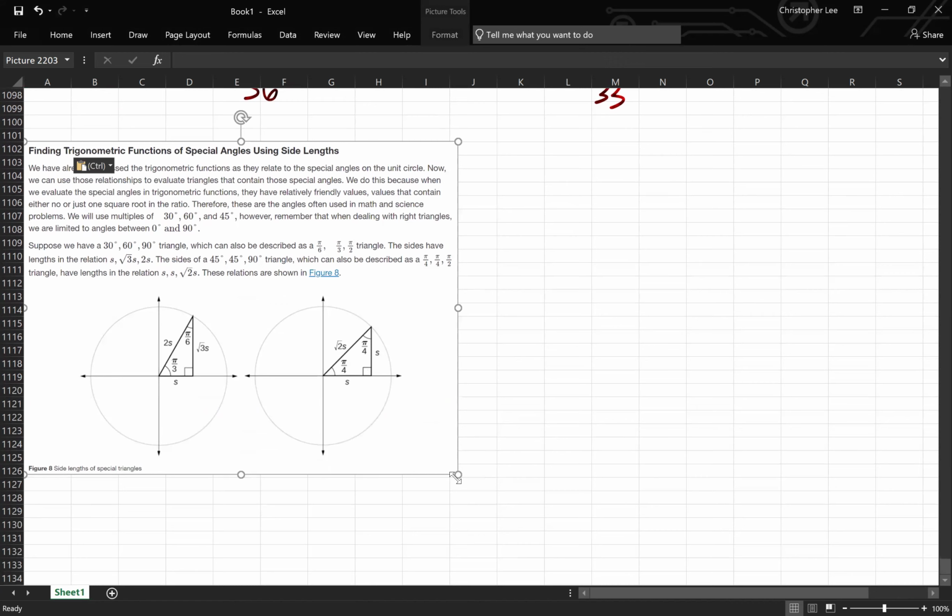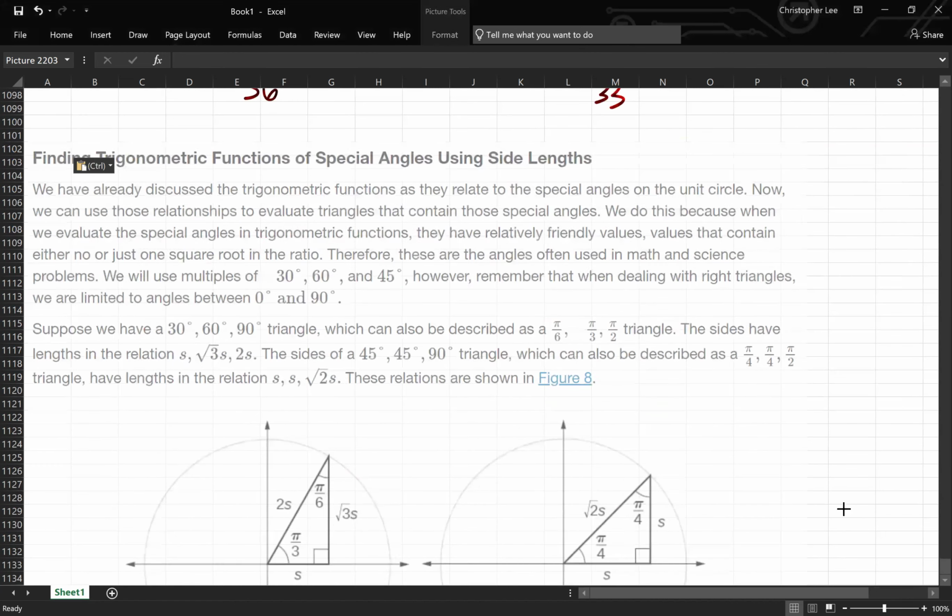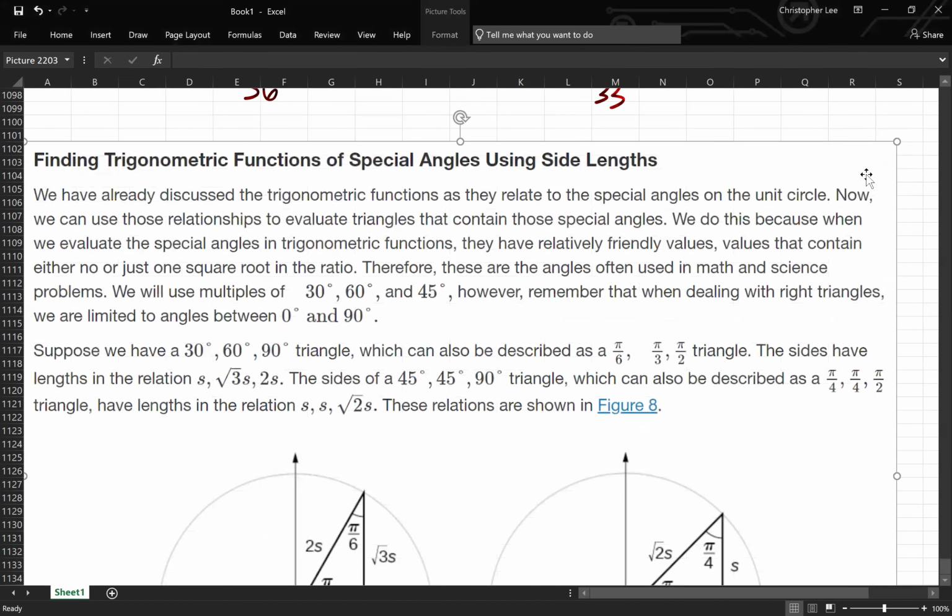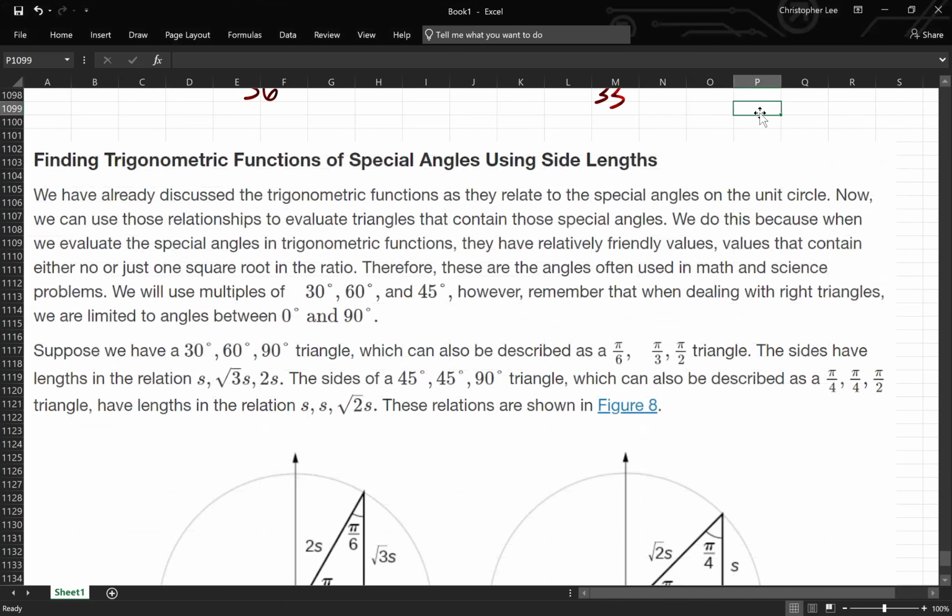So now, a little bit of a flip, right? We're going to be finding trigonometric functions of special angles using the side lengths. We have already discussed the trigonometric functions as they relate to the special angles on the unit circle. Now we can use those relationships to evaluate triangles that contain those special angles.